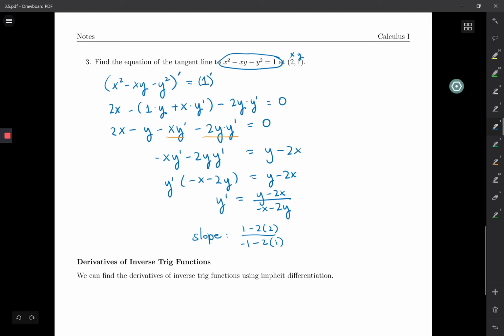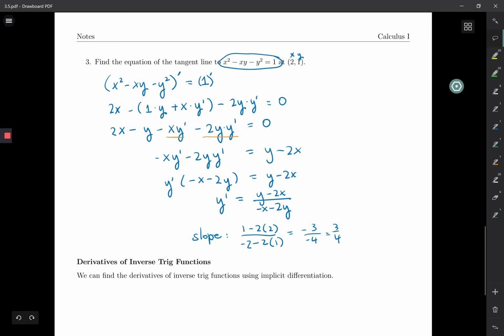Oops, this is a 2, negative 2. Okay. Now simplifying, we get negative 3 in the numerator and negative 4 in the denominator, so 3/4 is going to be our slope.